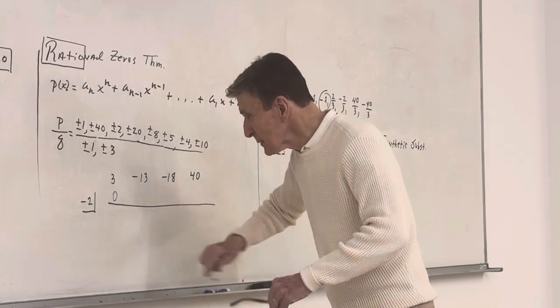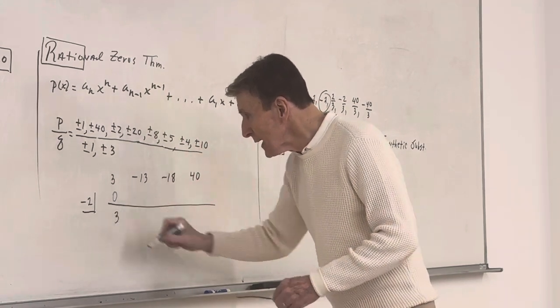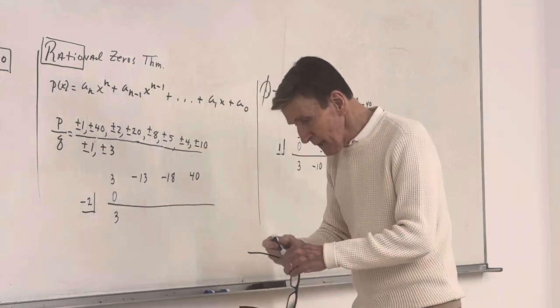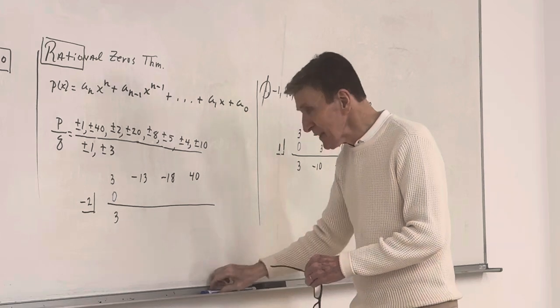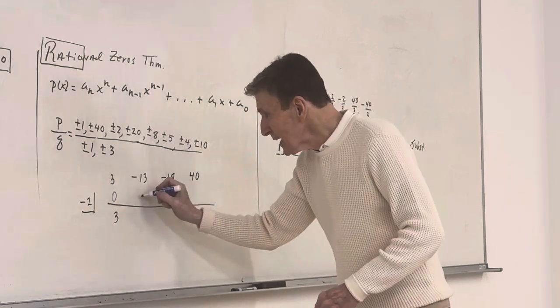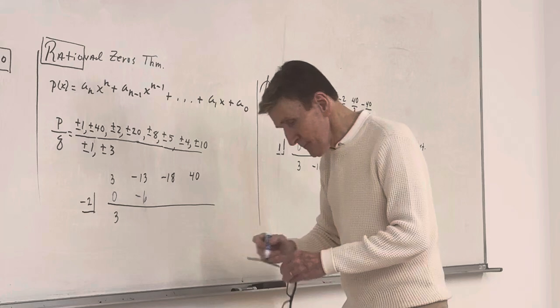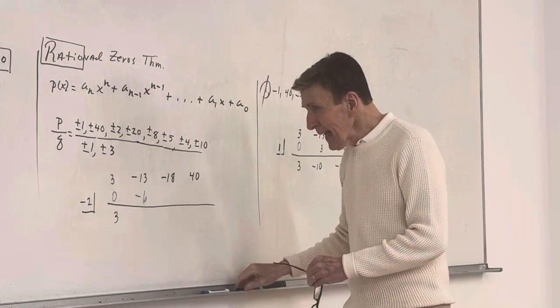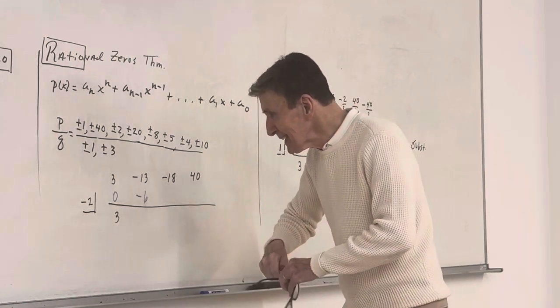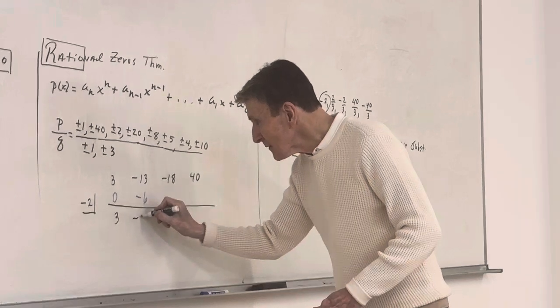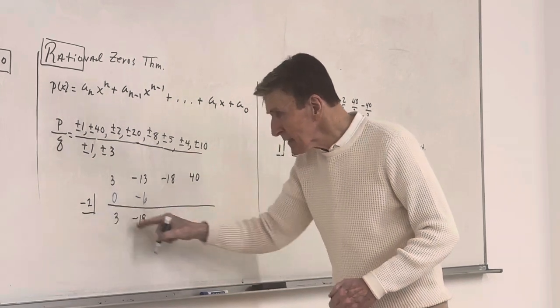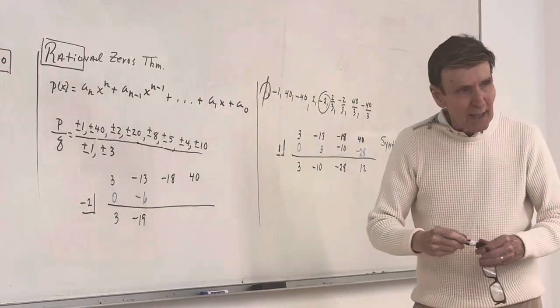I'm going to show you something here that may help us shortly. Next, negative 2 times 3, that's a part of the process, that's a negative 6. That goes underneath the second number. Add them up, I think it's a negative 19. Right here. Guys, negative 2 on the outside. Negative 2 times a negative 19 is what?